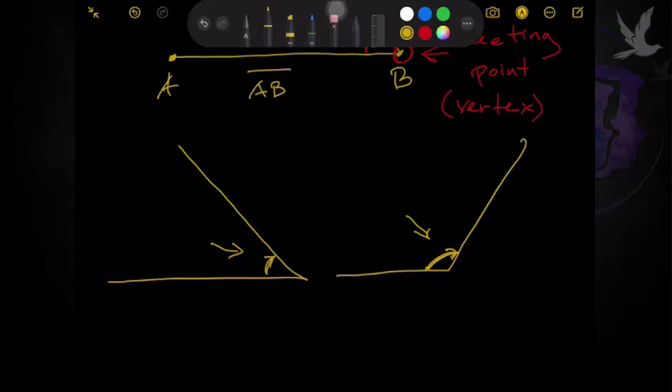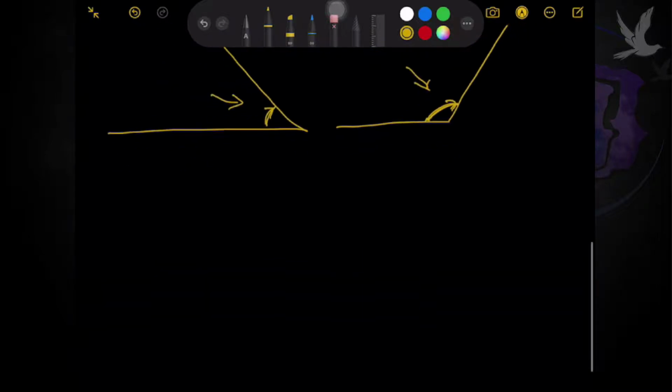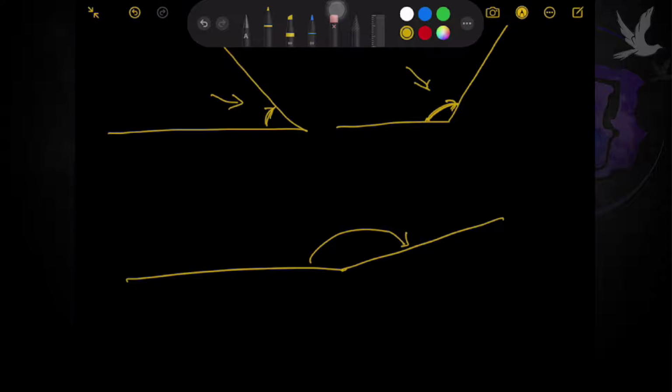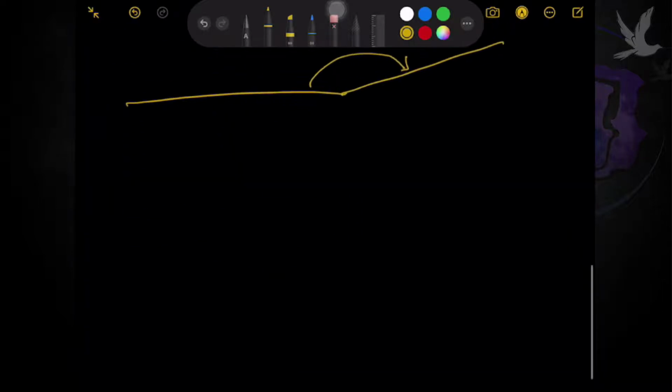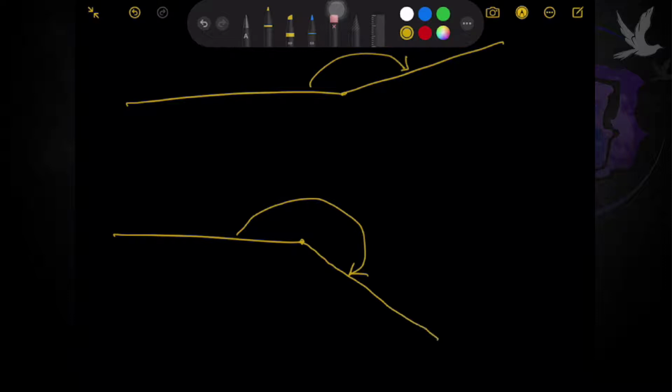No matter how wide you open, for example, from this point and then open it until here, that forms an angle. If we start here and go all the way until here, that is still an angle.